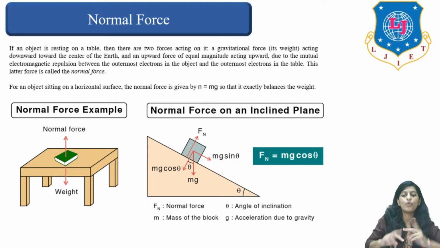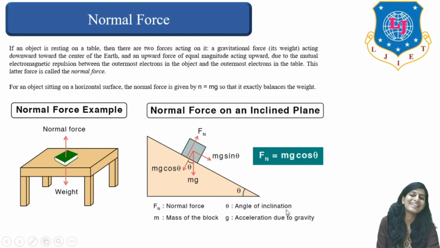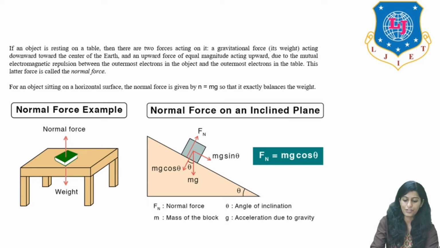So due to these two mutual forces, the system will be balanced. Now suppose your object is kept on an inclined plane where there is some angle. So suppose this is our block which is kept on the inclined plane, and the inclination of this plane is theta, right? So for an object which is at some inclination, what will happen?